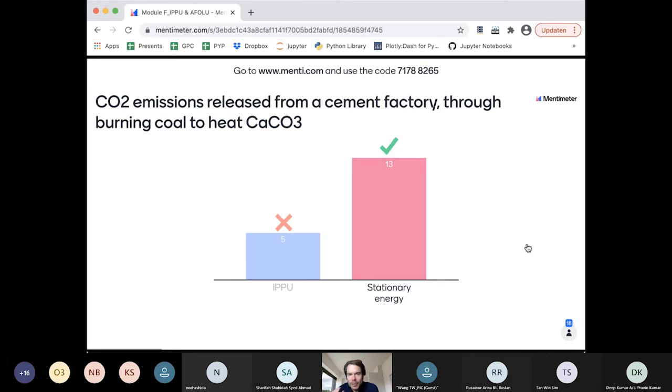The heating of the calcium carbonate will release CO2 as well, because that's the transformation as we discussed in the last question. But the process here is CO2 emissions released through burning coal. So the emissions from burning coal is stationary energy, but then the CO2 released through transforming calcium carbonate is industrial processes. But in this case, because the question relates to the burning of coal, it comes under stationary energy, but the release from calcium carbonate being heated is an industrial process.